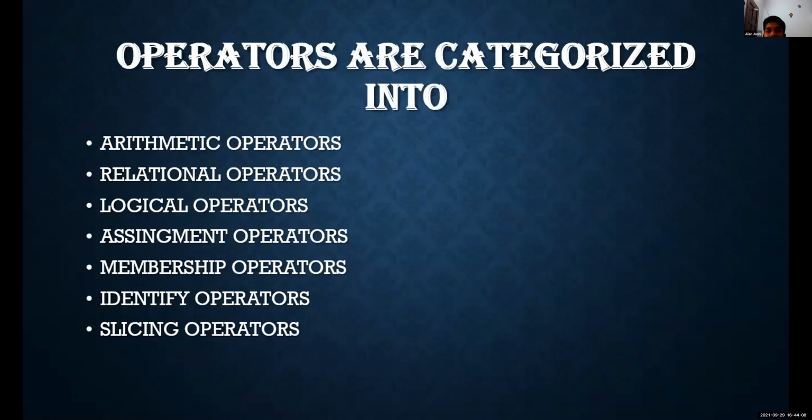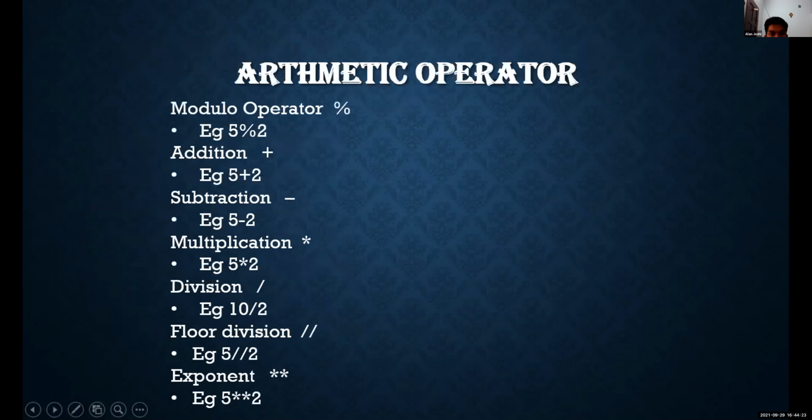Now, operators are categorized into arithmetic operators, relational operators, logical operators, assignment operators, membership operators, identity operators, and slicing operators. The first one is arithmetic operators. The first operator is the modulo operator. Example 5 modulo 2.